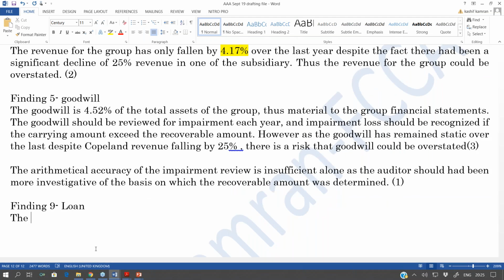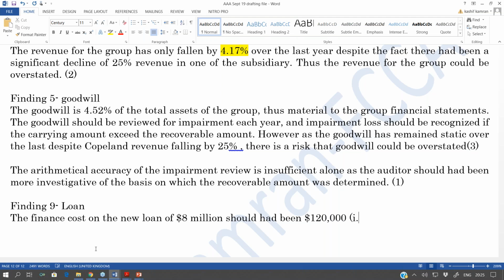The finance cost on the new loan of $8 million should have been $120,000.